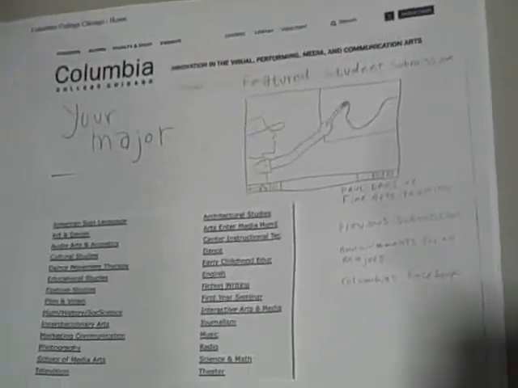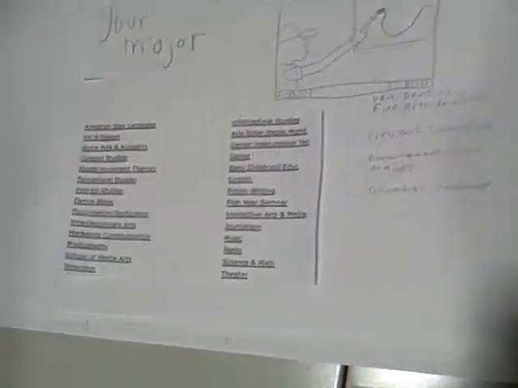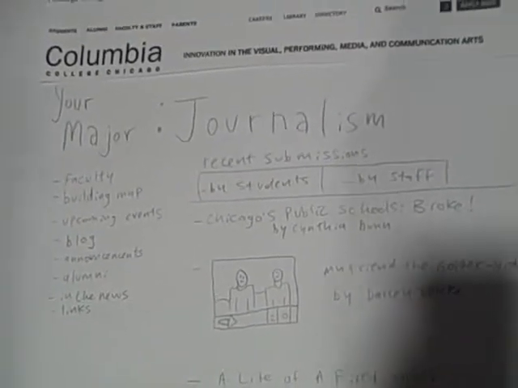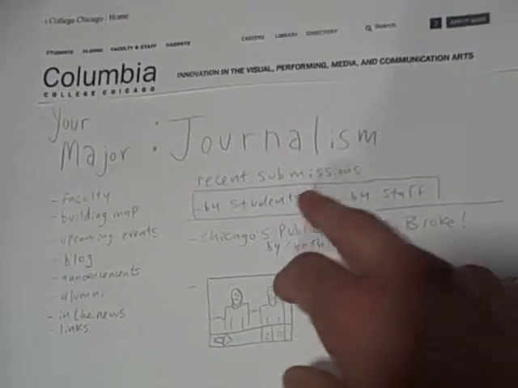So what's your major, Colin? Journalism. Journalism? So, alphabetical, click on the journalism major. Takes us to our journalism webpage here, which will have, I think a good idea would be, submissions by students and staff.